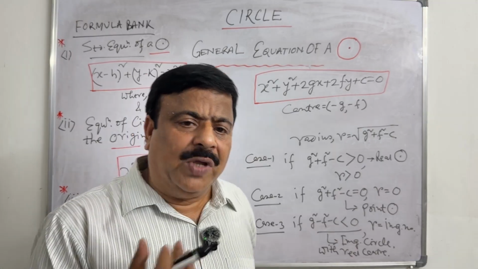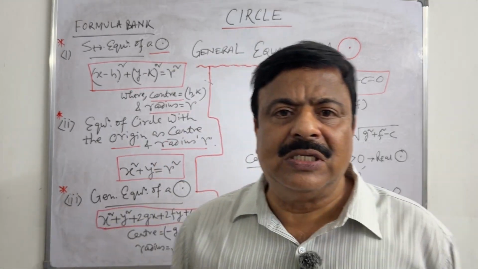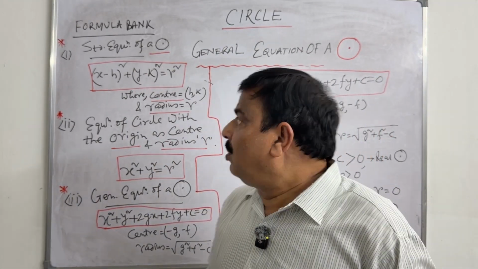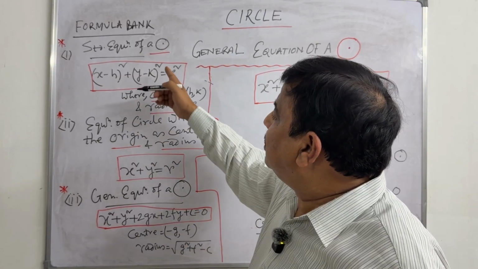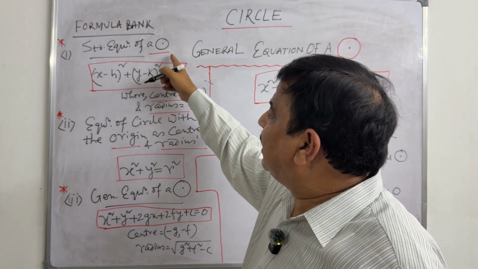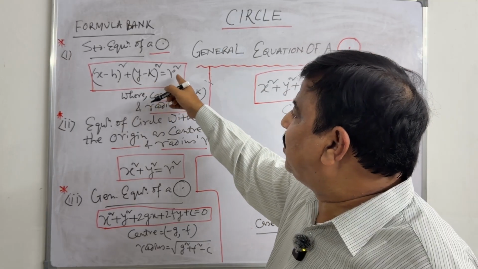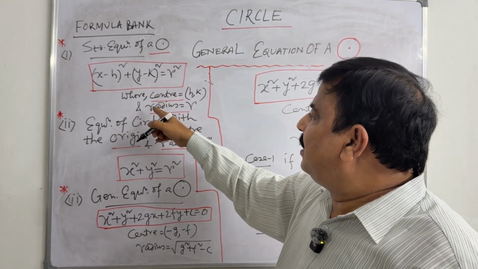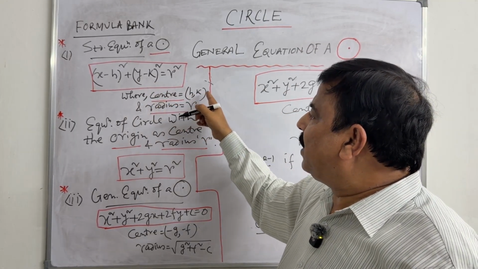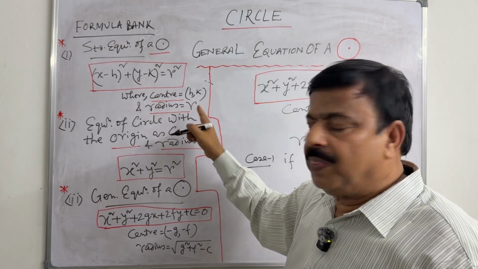Now we have learned 3 formulas on circle. First one is the standard equation of a circle, that is x minus h whole square plus y minus k whole square is equal to r square, where the coordinate of the center is h comma k and radius is r.